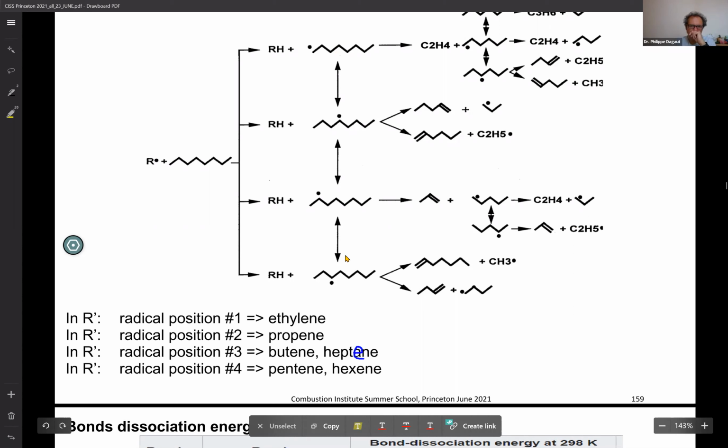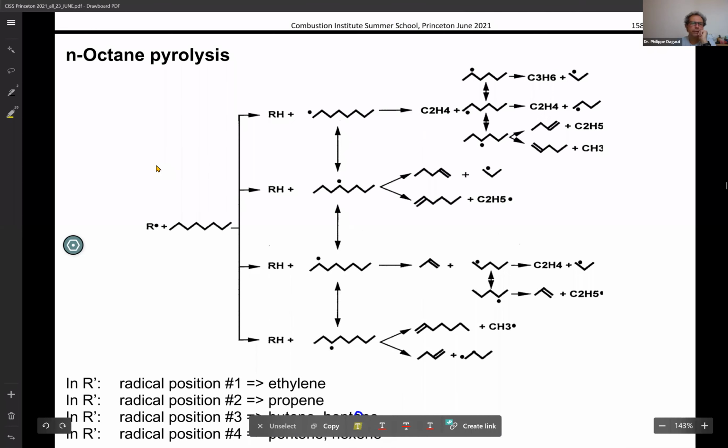And it shows the large variety of products that we can observe. So now you can imagine that if you are adding oxygen to the system, there are many more channels that will appear.